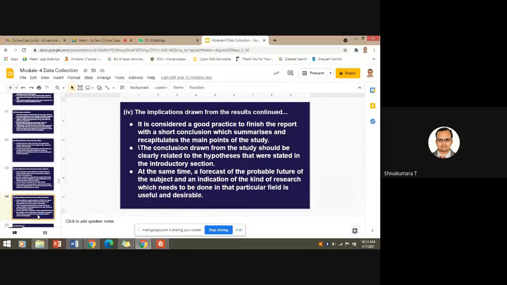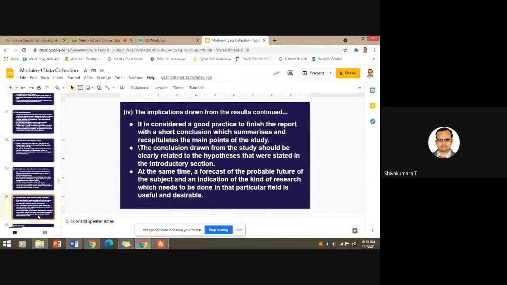So it is considered good practice to finish the report with a short conclusion which summarizes and recapitulates the main points of the study. In the introduction you've given details. In the second part, that is the summary of findings, recommendations and findings, you've given detailed information about your research topic in non-technical language.